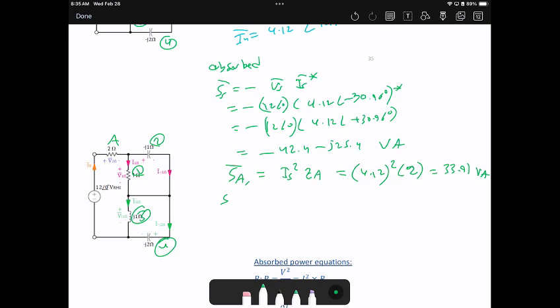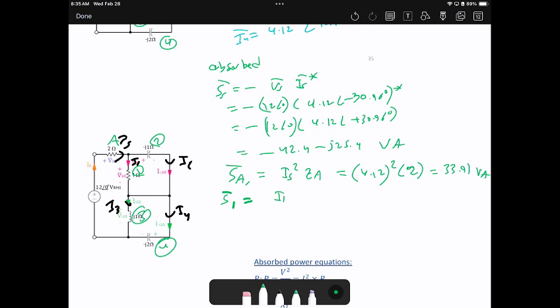I can call this I1. Here is I source. This is I1. Here it is I2. Here is I4. Here is I3. Then to calculate for element 1, all of them are absorbing power.